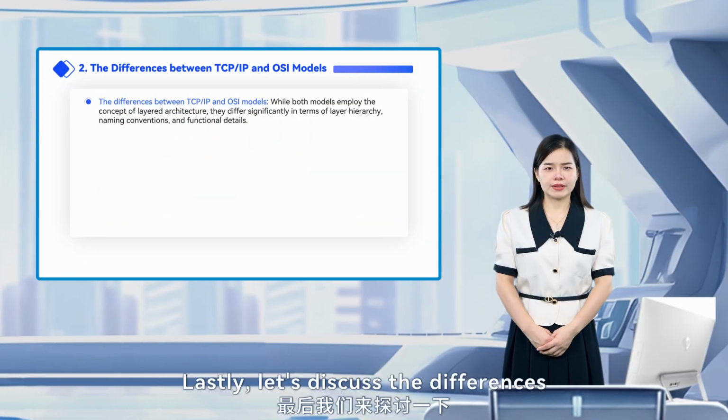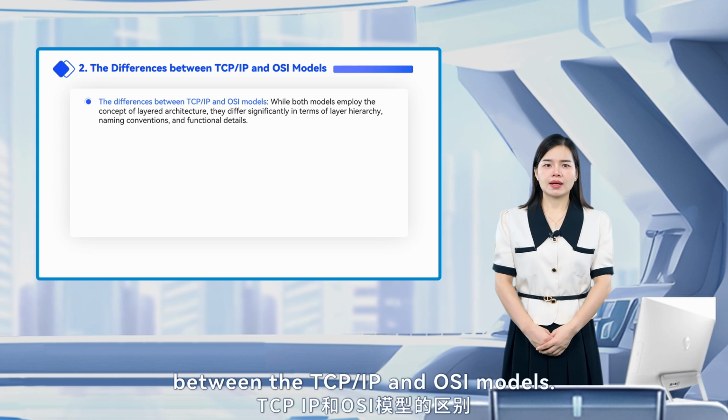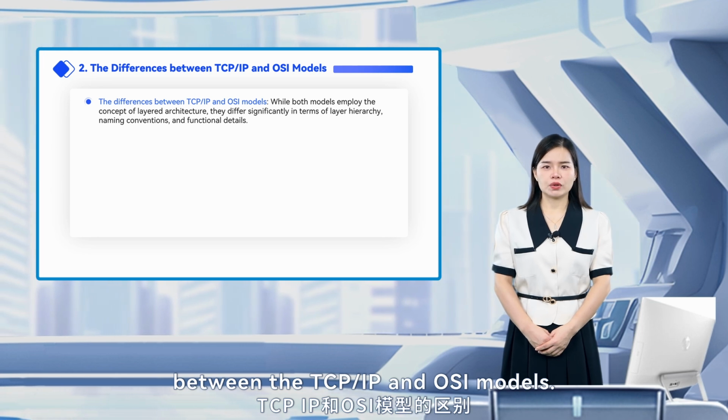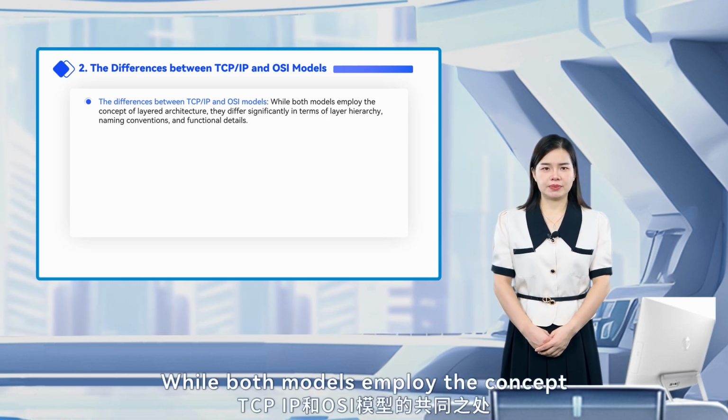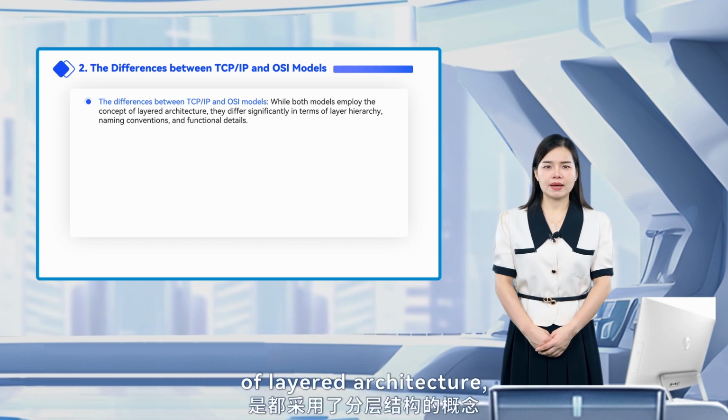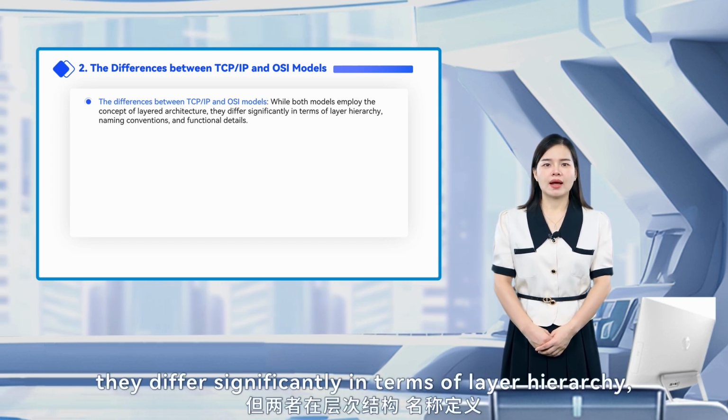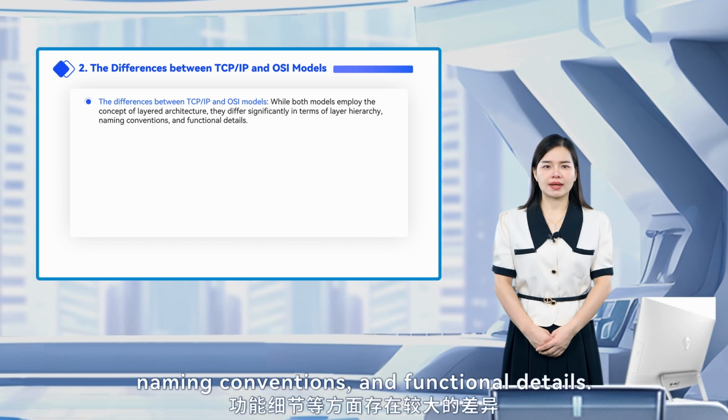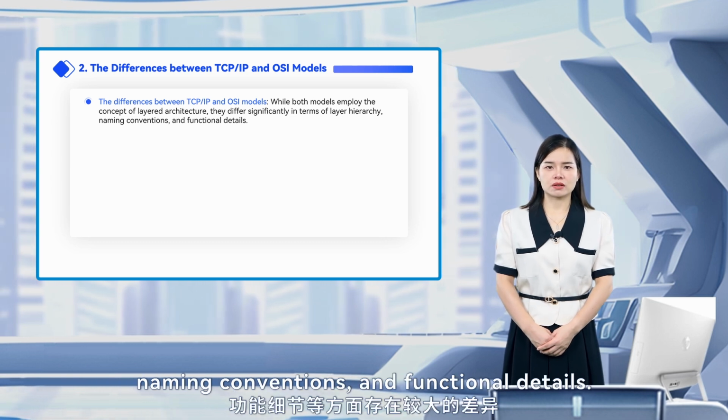Lastly, let's discuss the differences between the TCP/IP and OSI models. While both models employ the concept of layered architecture, they differ significantly in terms of layer hierarchy, naming conventions, and functional details.